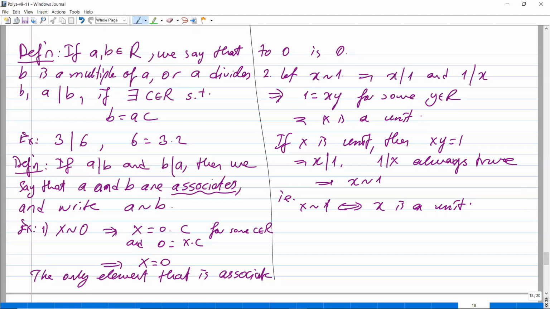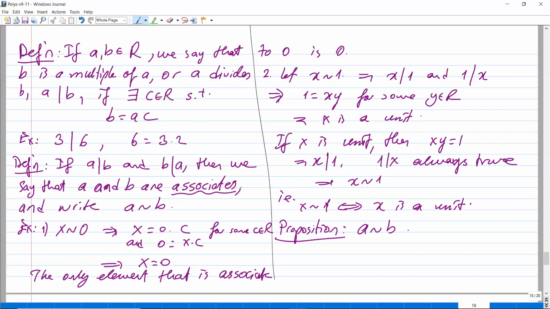Okay, so here is a proposition. This is not only for 1; this holds for any two elements.